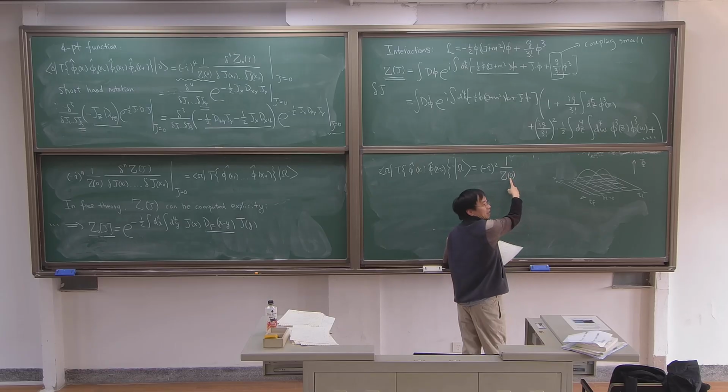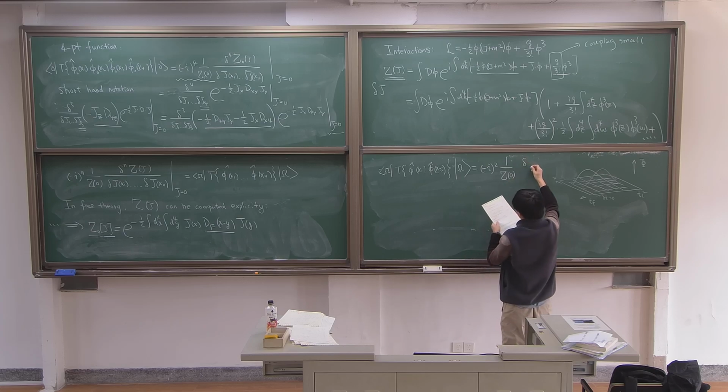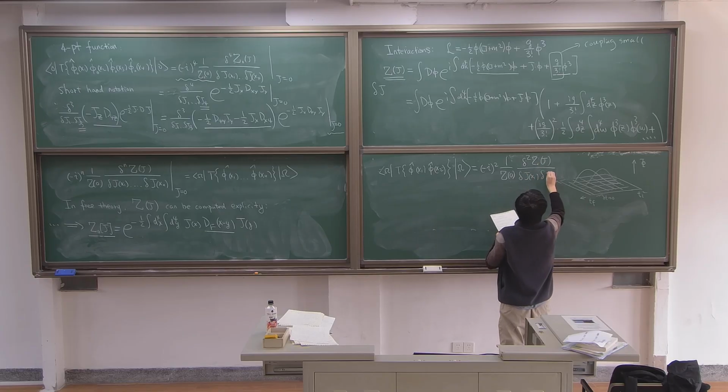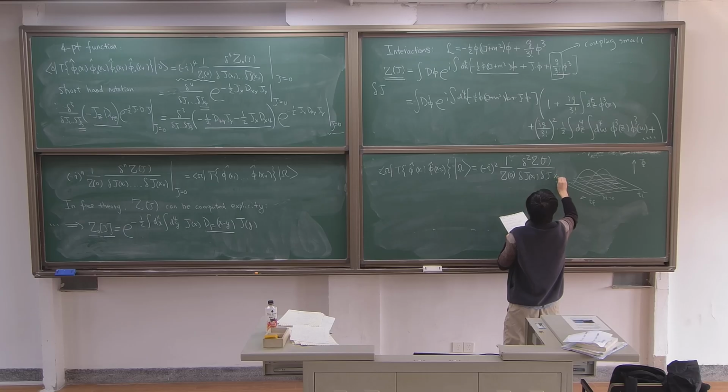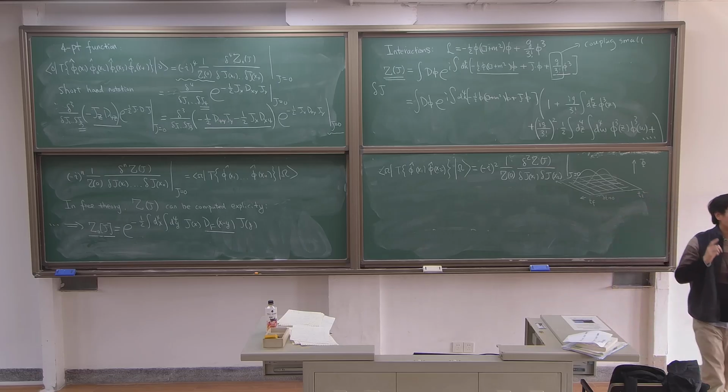But I do put 0 here because the source is now trivial for the normalization factor. So you take twice derivative with respect to J of your interacting generating function. This is enough to produce the 2-point correlator for the interacting theory.